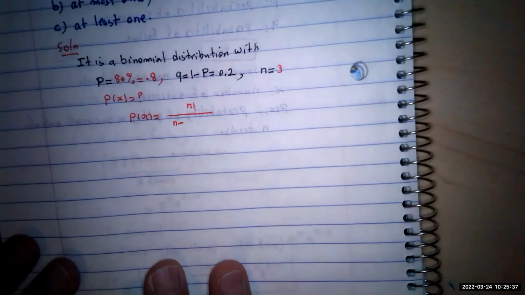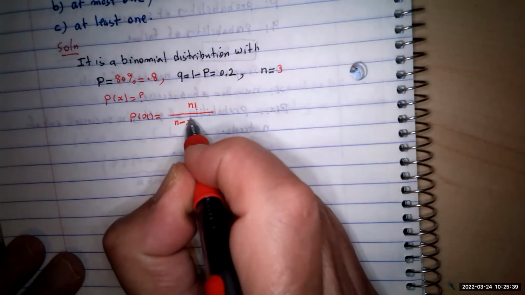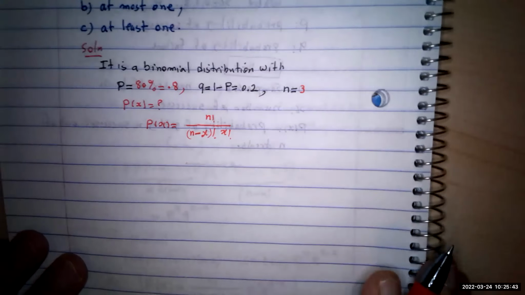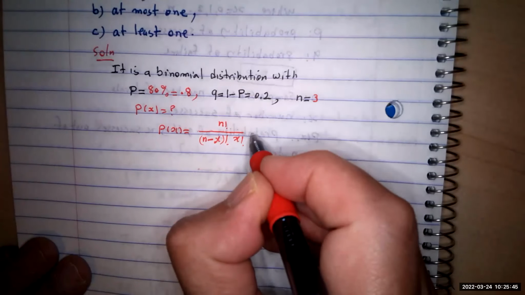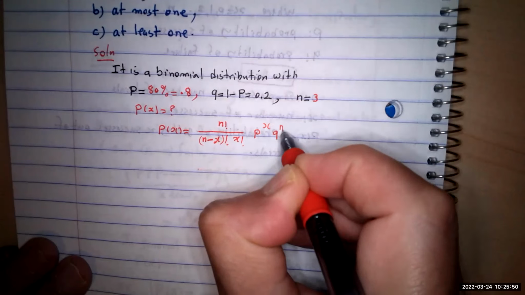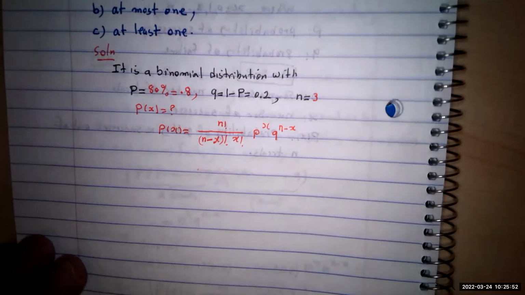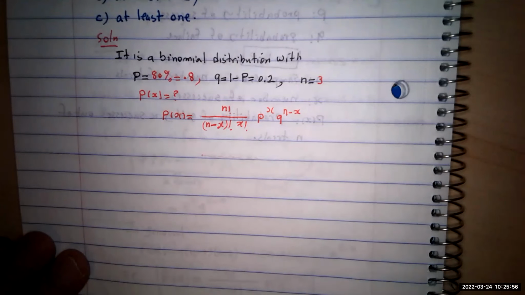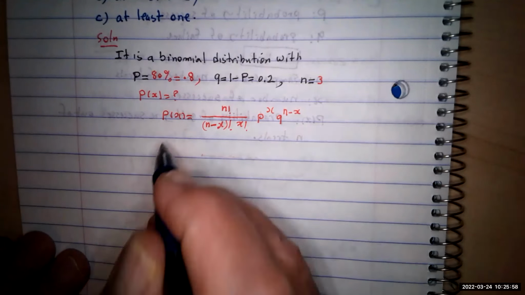And this is going to be P to the X, Q to the N minus X. This is your formula.